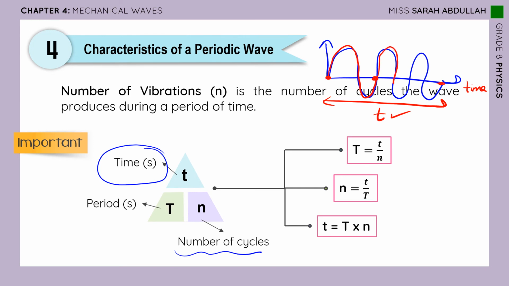This is 1, this is 2, and this is 3. I have 3 cycles, and I have the time that it took for the wave to move from here to here. So I can find the period by simply putting t over n. So yes, this is the time that we are talking about.